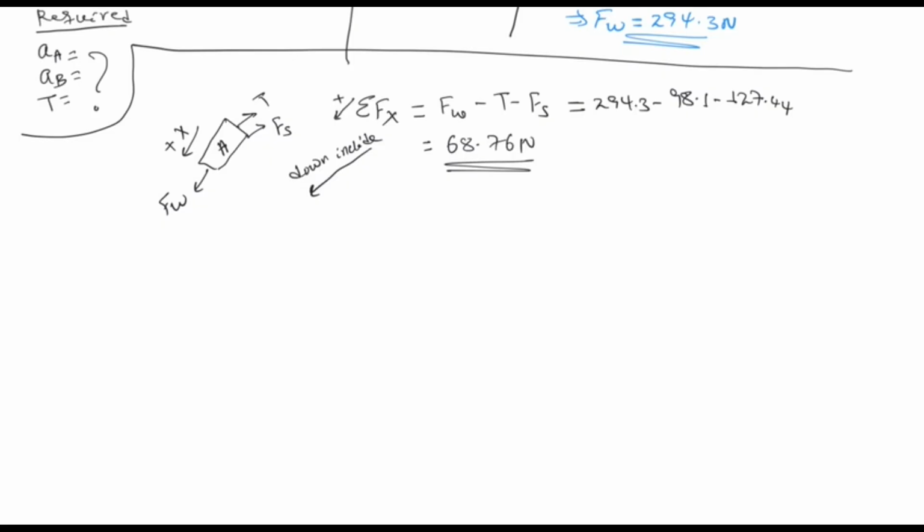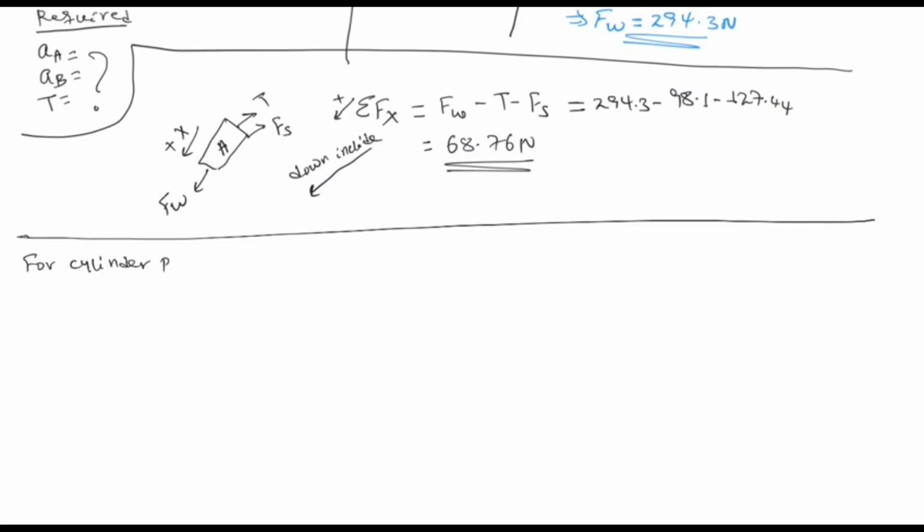Now for cylinder B, we know the free body diagram as before. This is 2T, and this is the weight of B. Since the object is moving in the upward direction, let upward be positive.